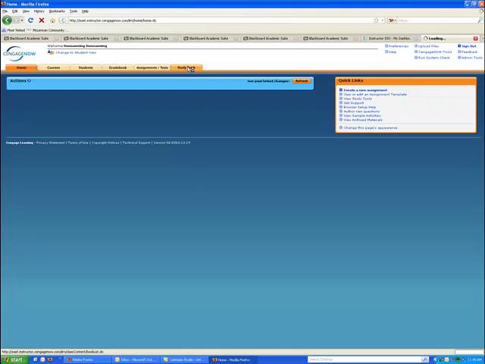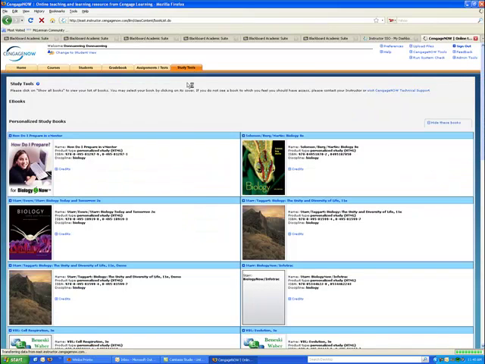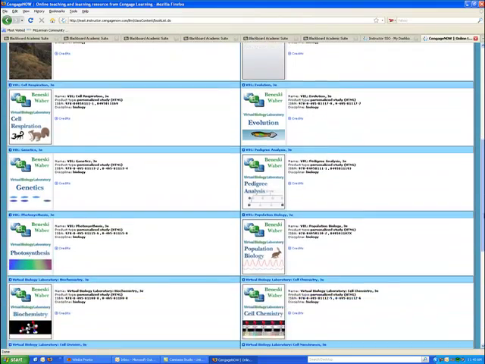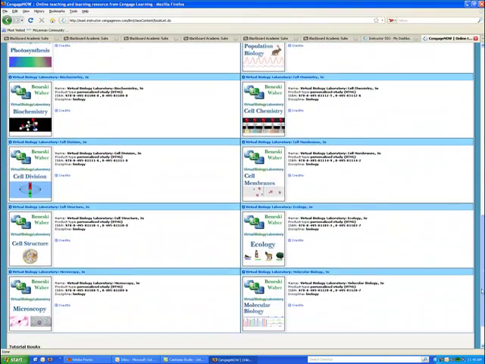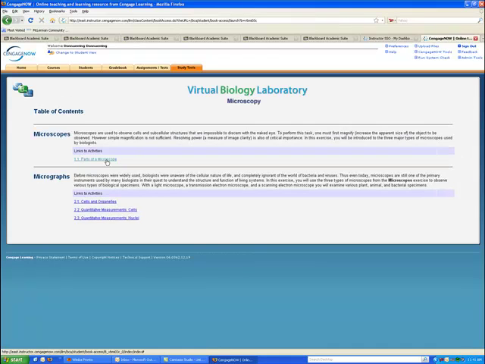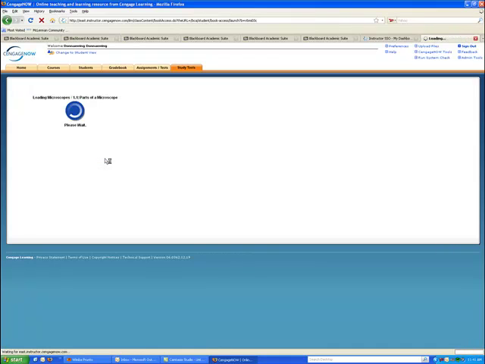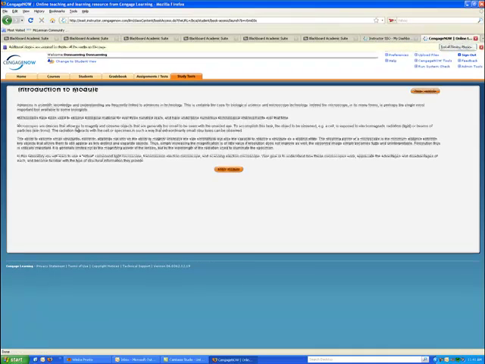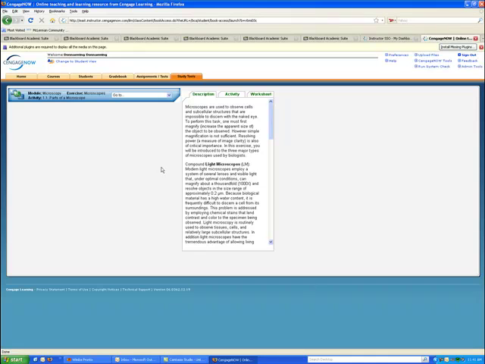You'll click on Study Tools. And here are all your different labs. Okay, so if your picture doesn't come up, once we go into this part, see right here, while the activity is loading, you need to download the latest version of Shockwave.